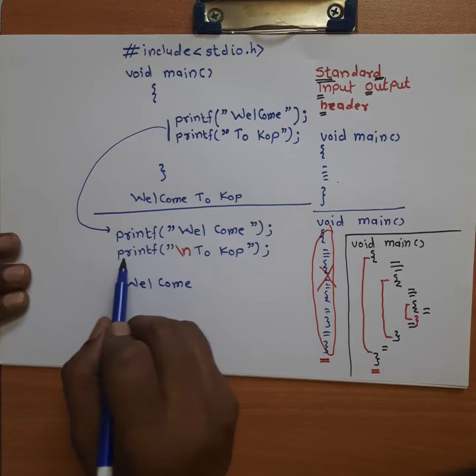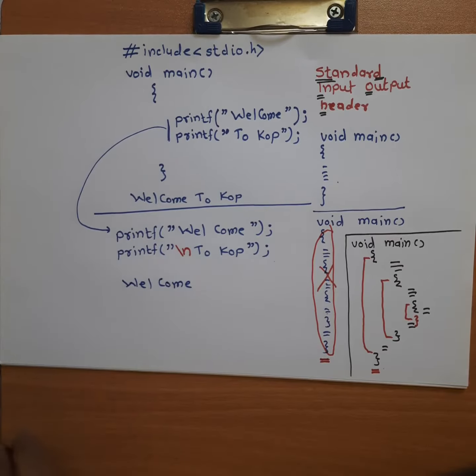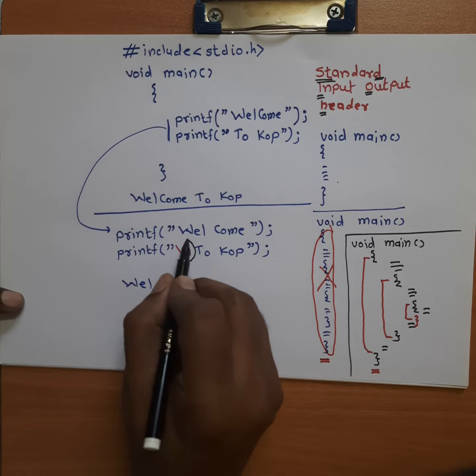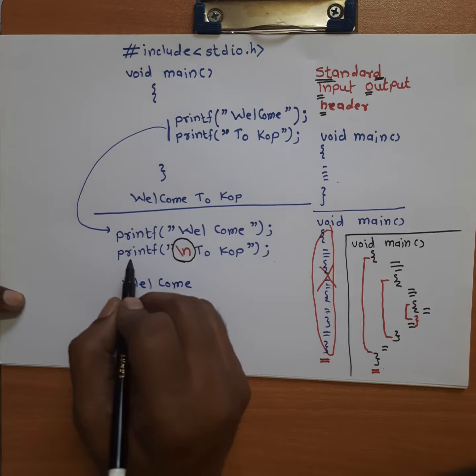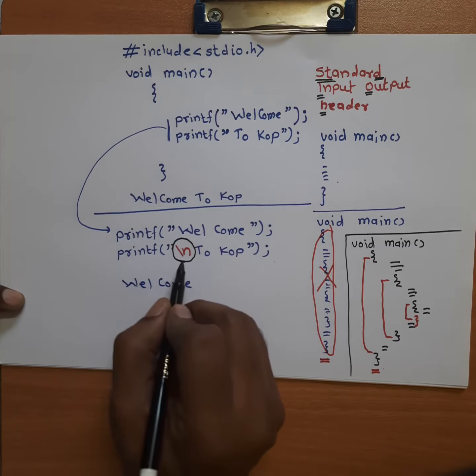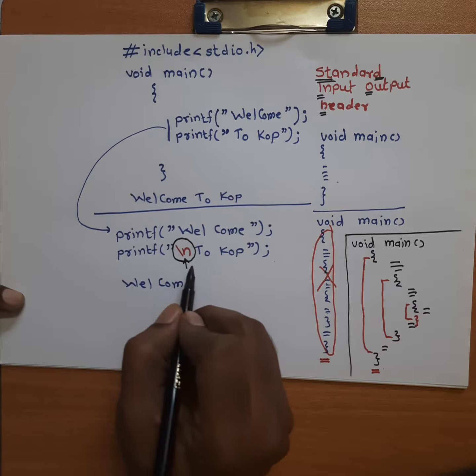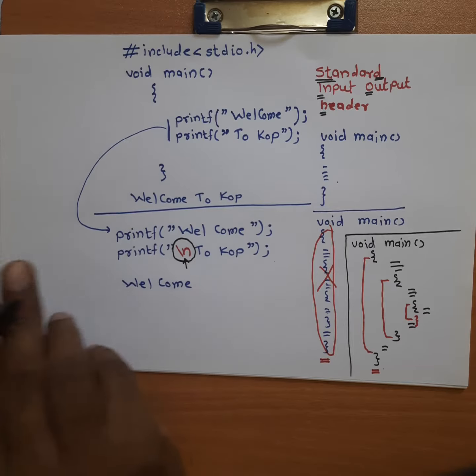When it goes to the next statement, here it finds backslash n. Whenever backslash n is found within double quotes in a printf statement, it indicates to your compiler that it should go to the next line, first column.